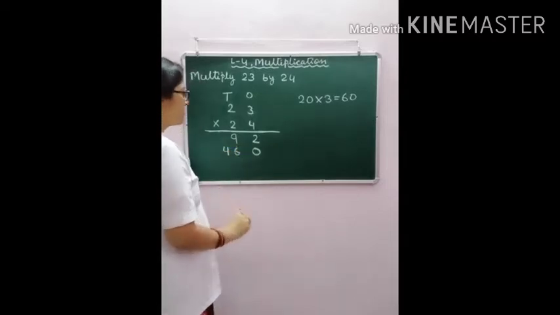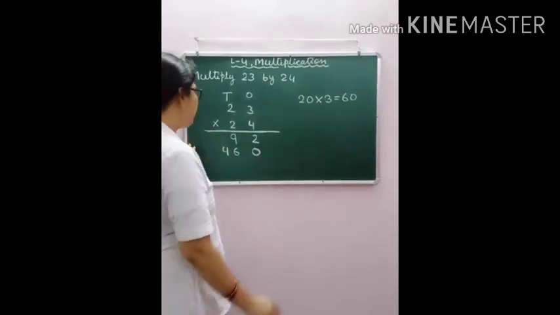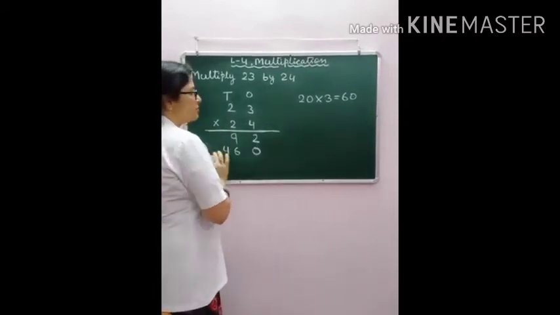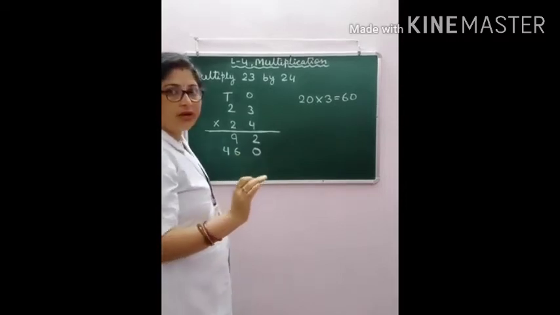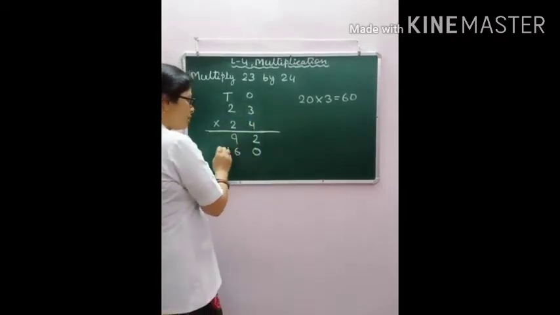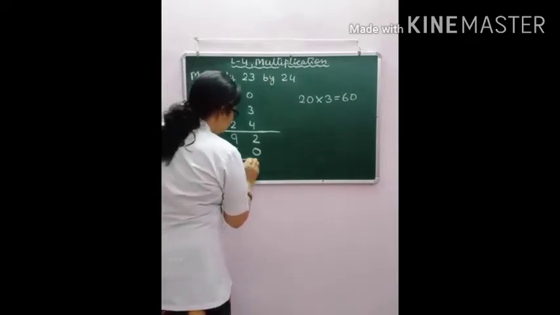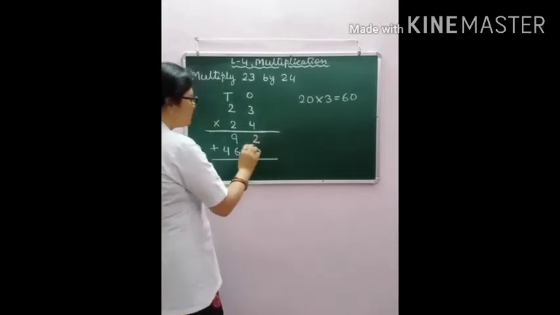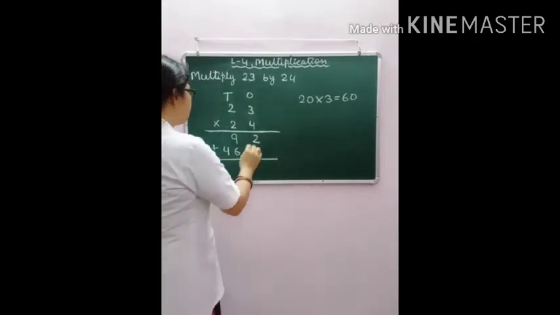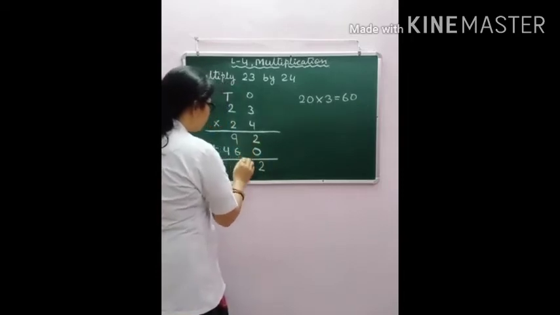Now our multiplication by both the digits is over now. Now we have two sets of number here. To find out the product of these two numbers, we have to add these two sets of numbers. Now start writing from the ones place. 2 plus 0 is 2. 9 plus 6 is 15.